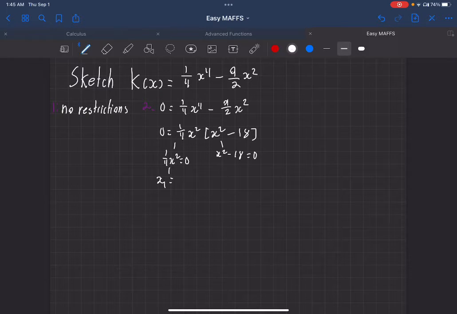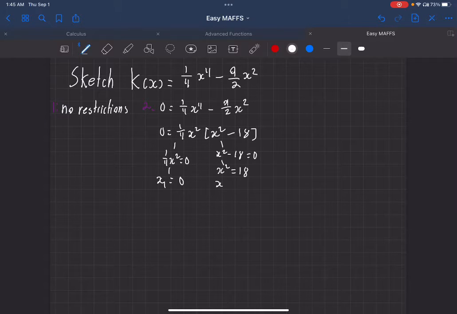So what is our second x-intercept? Well, x squared, and we move that negative 18 to the right to make it positive, is equal to positive 18. Now we take the square root of both sides. So x is equal to plus or minus, well, what is the square root of 18? Plus or minus 4.24, approximately.